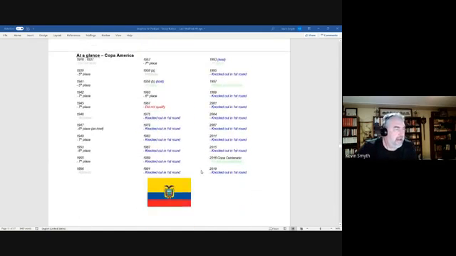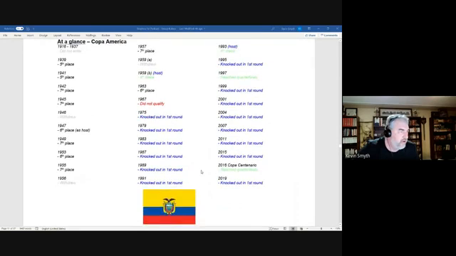Let's take a look at the Copa America record. Even their good spell in the 2000s in World Cup competition doesn't appear in their Copa America results. From their first entry in 1939 into the competition, and I should point out the competition has no qualification, it's an automatic entry for all CONMEBOL teams. So reaching the cup is no achievement.